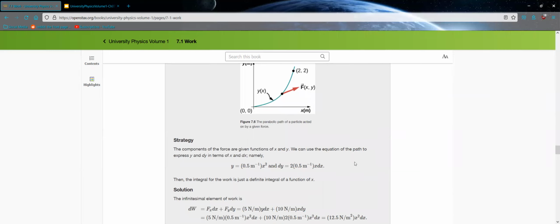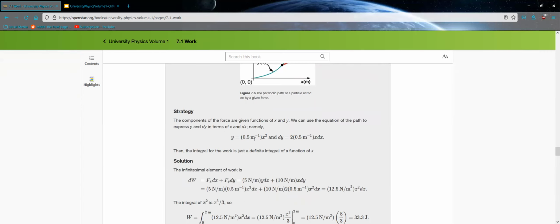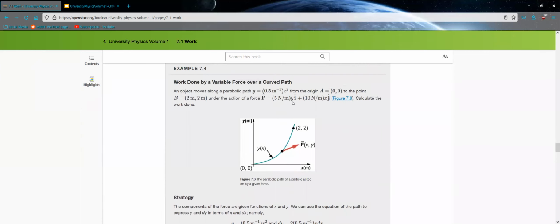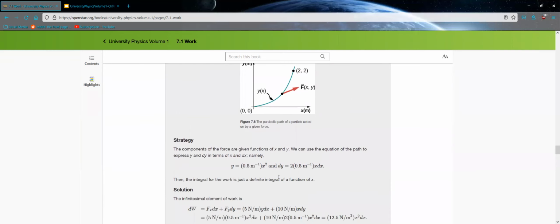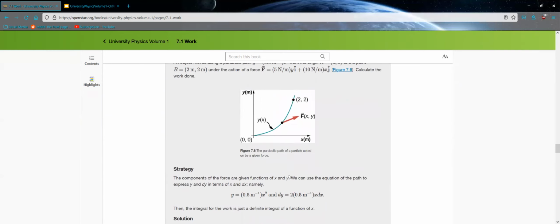Interesting. So we can look at this question and say the components of the force are given functions of x and y. Useful, right? We can use the equation of the path to express y and dy in terms of x and dx. Namely, the y component is in relation to 0.5 x squared. And our dy there would be 2 times that 0.5 x dx, because we differentiated it, right?